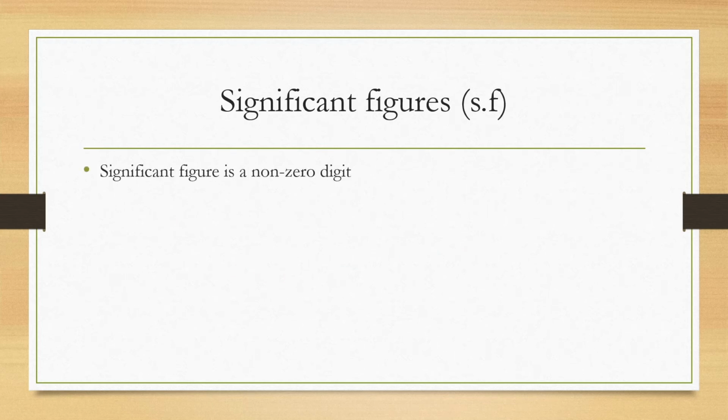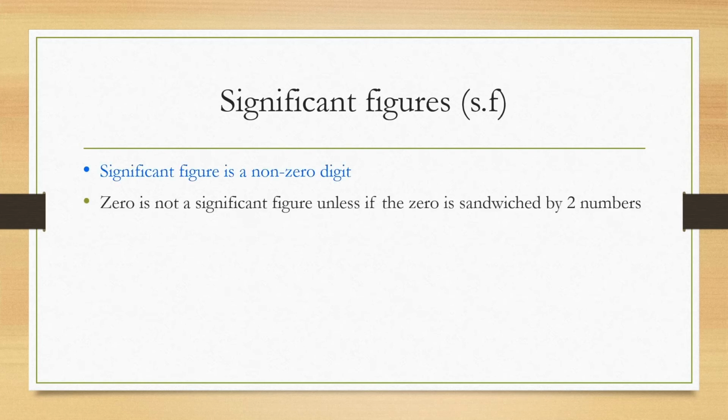Okay, now let's look at significant figures. So what are significant figures? A significant figure is a non-zero digit. But there is one thing to it though. The 0 is not a significant figure unless the 0 is sandwiched by 2 numbers. What I mean by sandwich is when you have a non-zero number on the left and a non-zero number on the right of that 0.